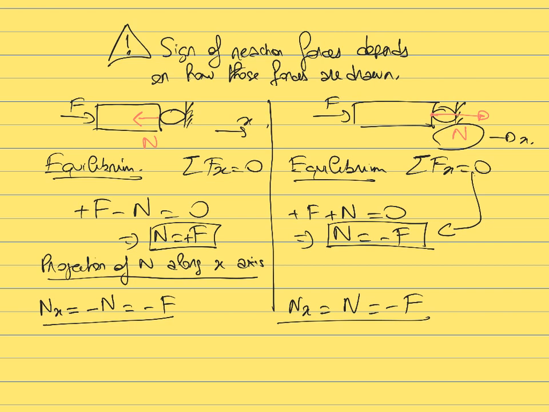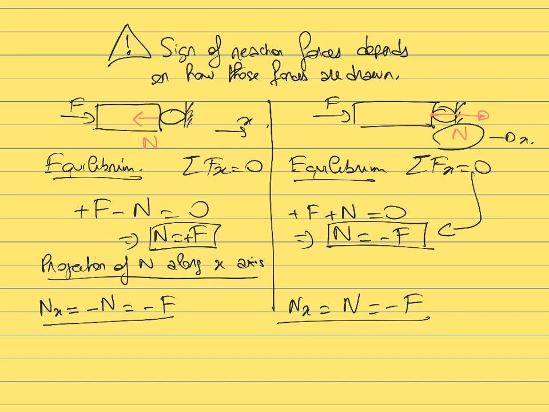Just to summarize, the value of the unknown that you find depends on how you draw it, and it's perfectly fine to draw it one way or the other, as long as the result you get from the condition of equilibrium is consistent with the way you drew those reaction supports. But the physical reality always remains the same.